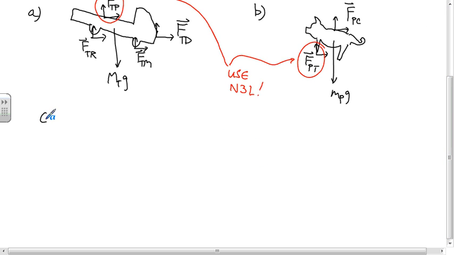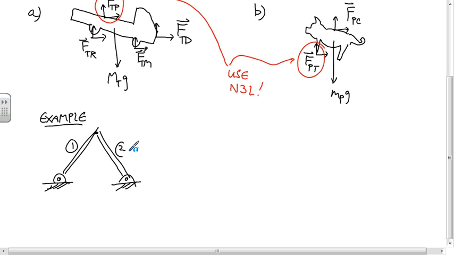So if we had a typical statics problem where we had a structure connected by pin joints at the top, pin joints to the ground, say this is member 1 and this is member 2.